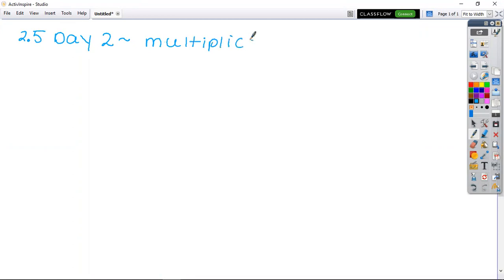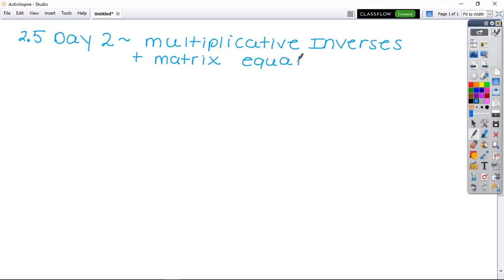Multiplicative, long word, inverse. You can abbreviate if you'd like. And matrix equations. Little formulas. And you're going to put this back together with your multiplication as well.